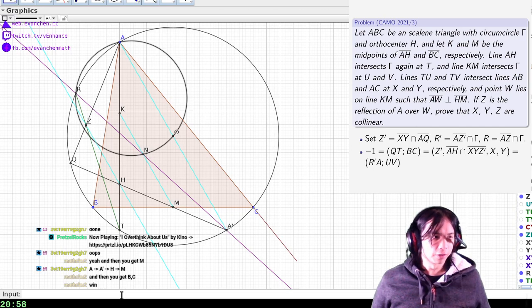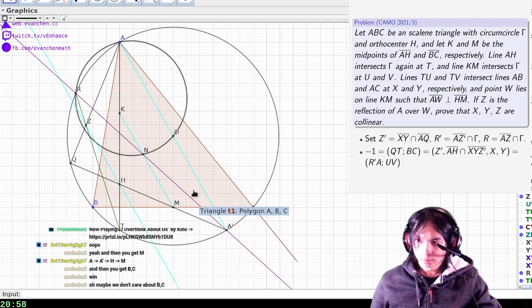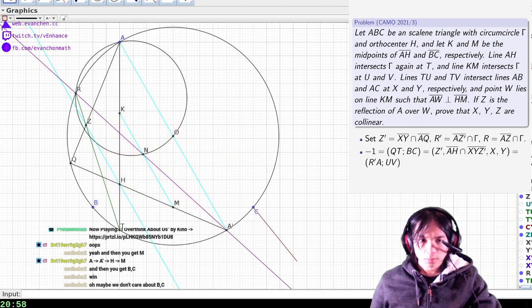Do I hide the original triangle? Because if so, we can hide the triangle. Oh, I do that and suddenly the diagram looks super bare. Alright.